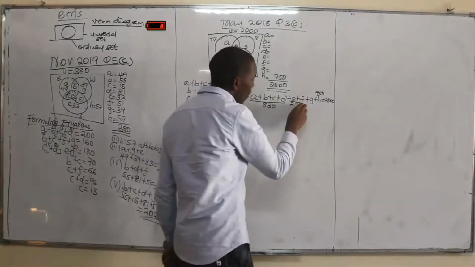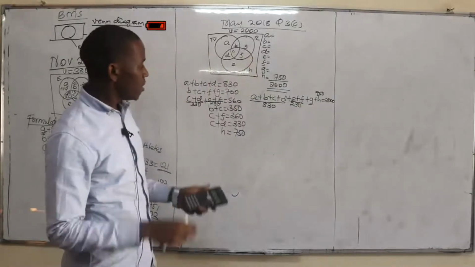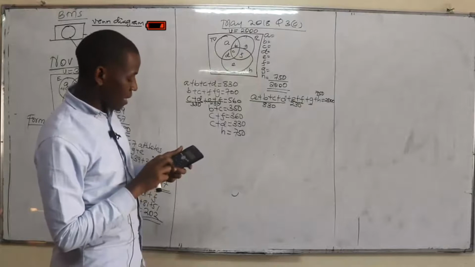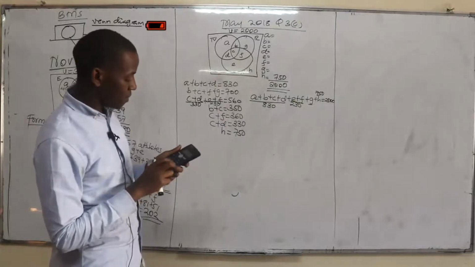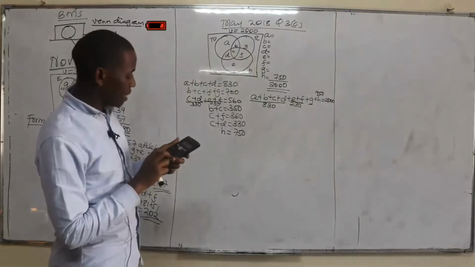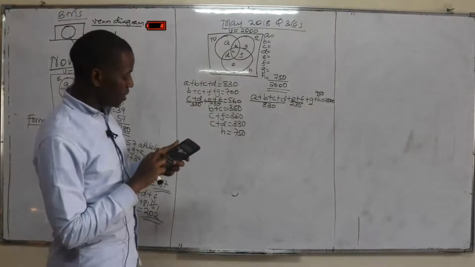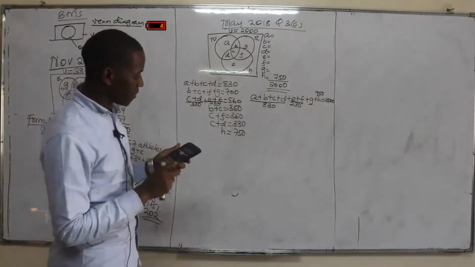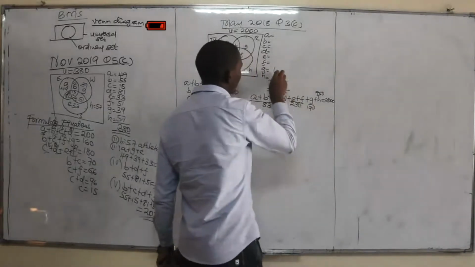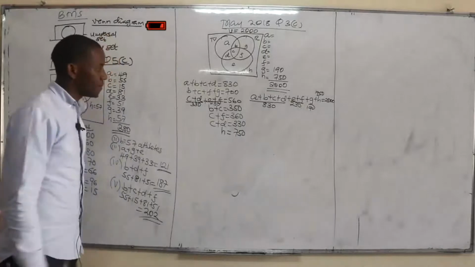So now we can get G. 830 plus 230 plus 750, then you take 2,000 minus the answer, meaning that G will be 190. So already we know G is 190.